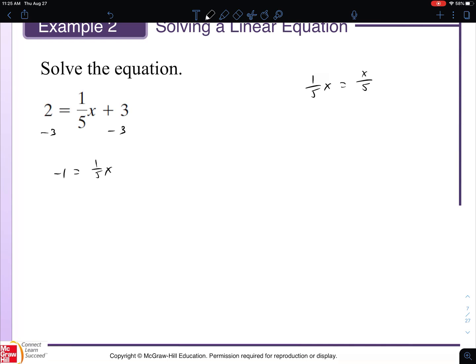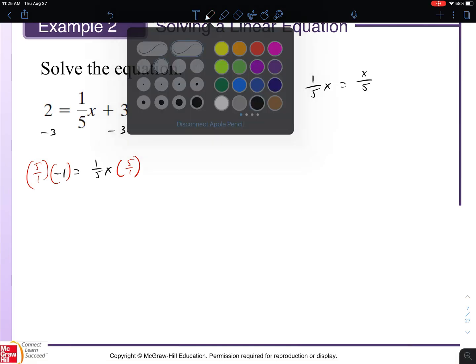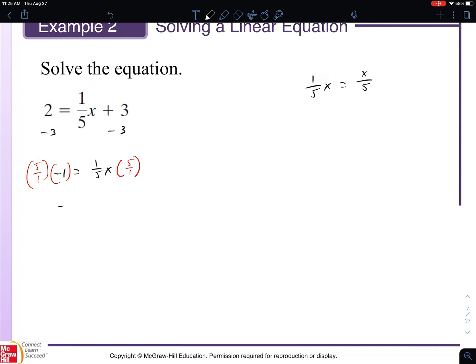When you have a fractional coefficient, such as 1/5, what you want to do is multiply both sides by the reciprocal of that fractional coefficient. When you do that, you're going to end up here with a negative 5. Negative 1 times 5 over 1 would be negative 5 over 1, which is negative 5, which is what I have.